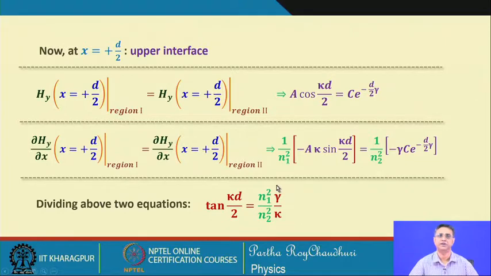But this time for TM modes, the difference is that you have n1 square by n2 square, which are the refractive indices square associated with that layer. Gamma is the x component of the propagation vector for the cladding layer, and the refractive index of that layer is n2 square.